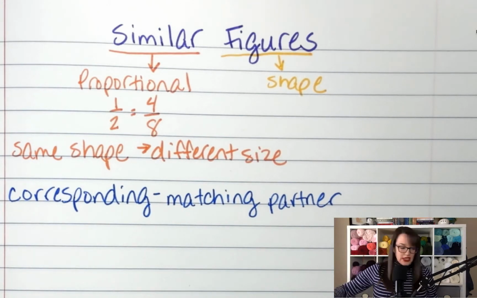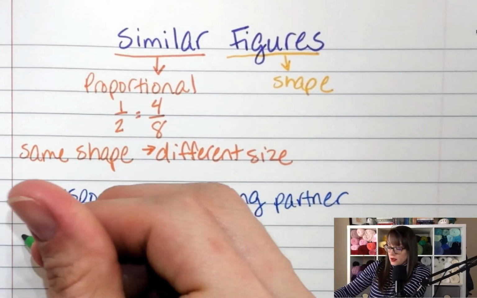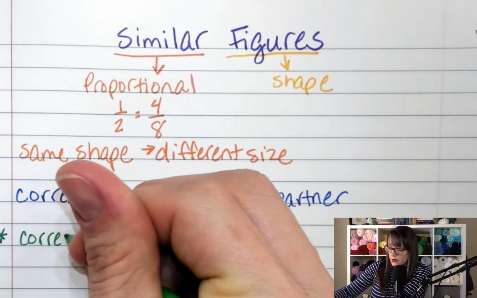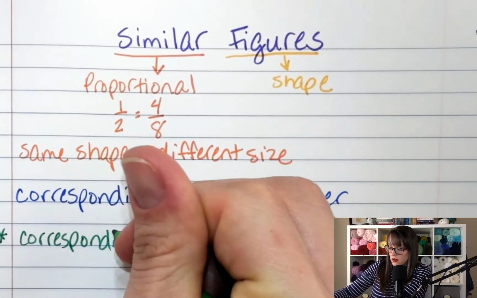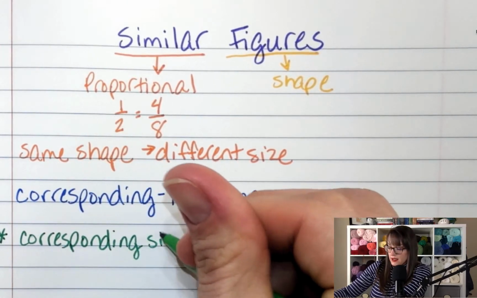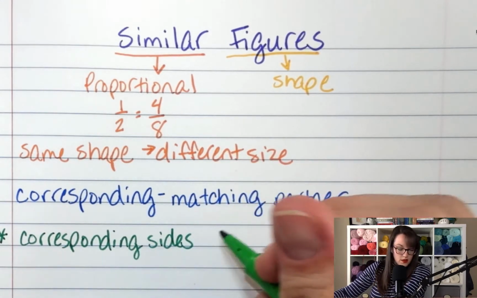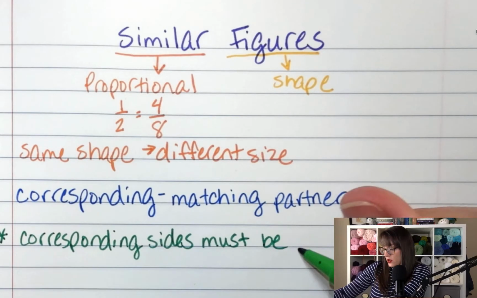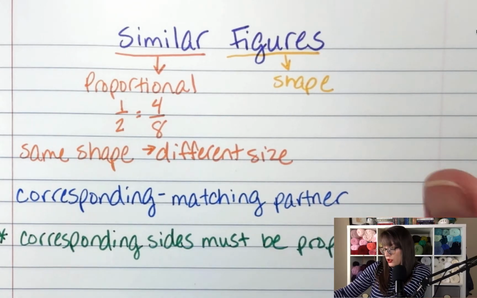The first rule is that corresponding sides have to be proportionate. Rule one: corresponding sides must be proportional.